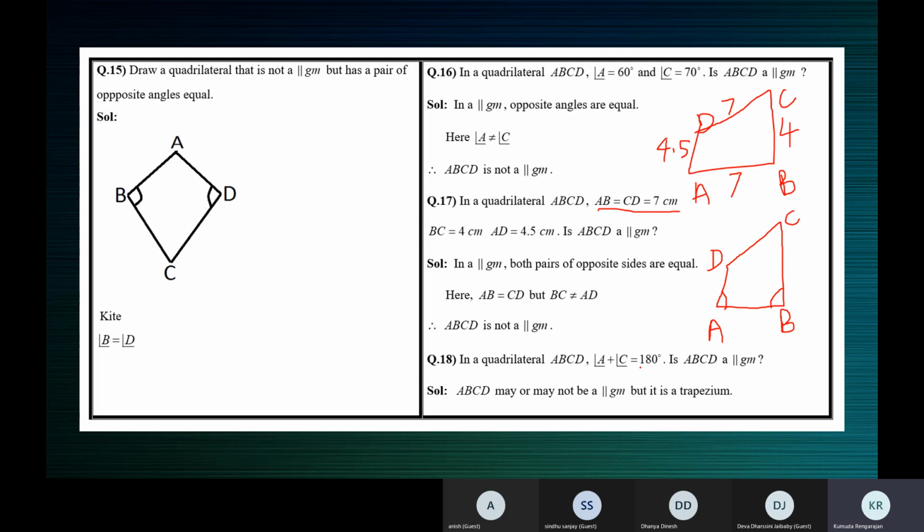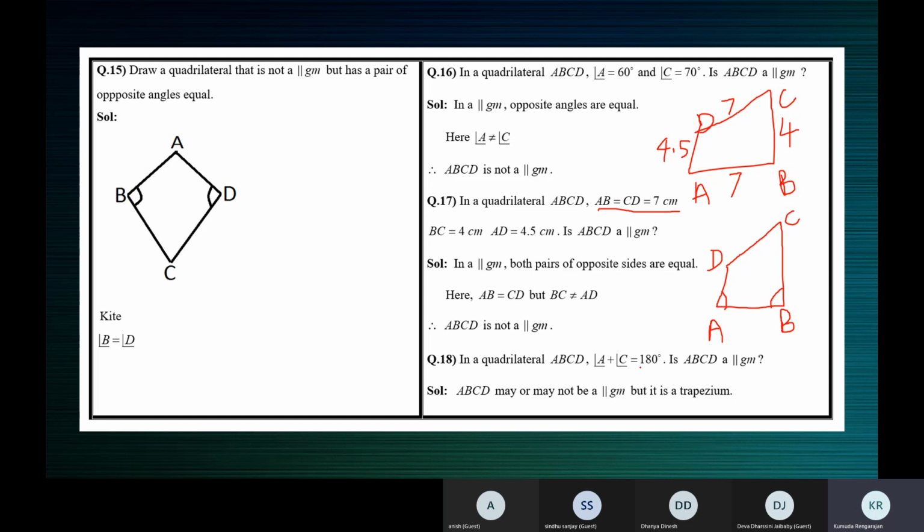Angle A plus C is 180, fine, but it may be, it may not be. Using this information, you cannot conclude that it's a parallelogram.